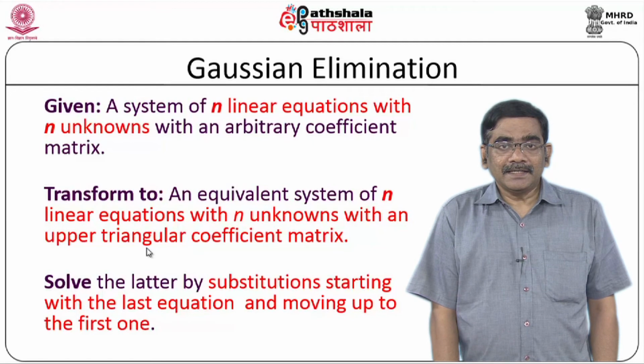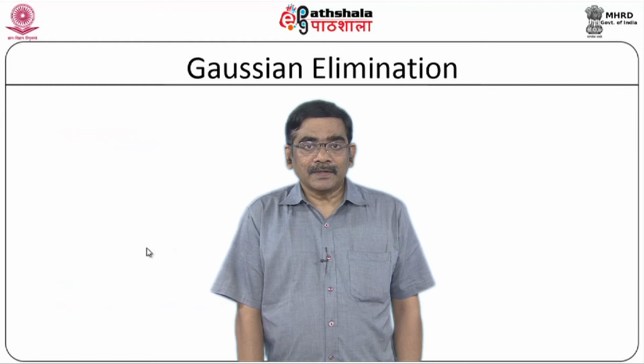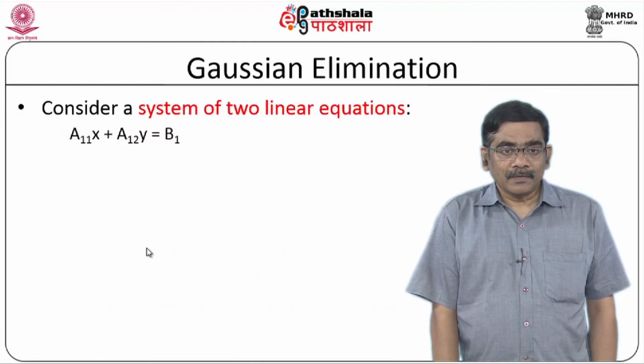So, the strategy is like this: whenever we have to find a solution for inverses, we are trying to transform that problem into some other problem using the method of Gaussian elimination, so that the problem will be amenable to solutions. So, let us discuss Gaussian elimination.